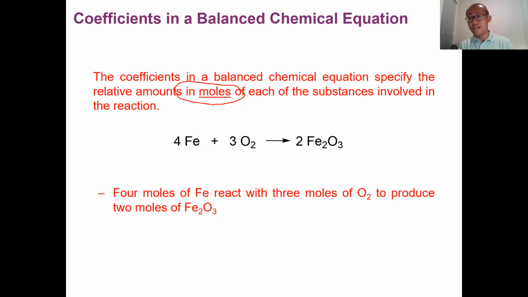For example, the equation shown here means 4 moles of iron reacts with 3 moles of oxygen and produces 2 moles of iron trioxide. 4, 3, 2 are in moles. That's the deep meaning of these coefficients, because they relate the substances in the unit of moles.